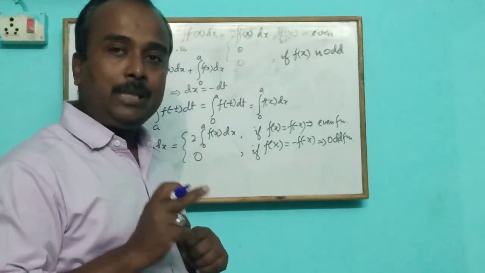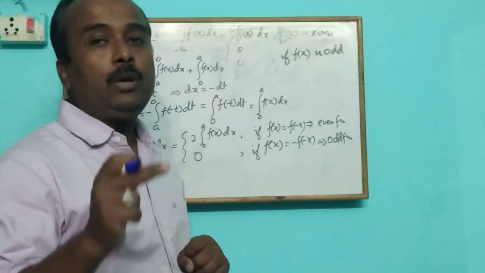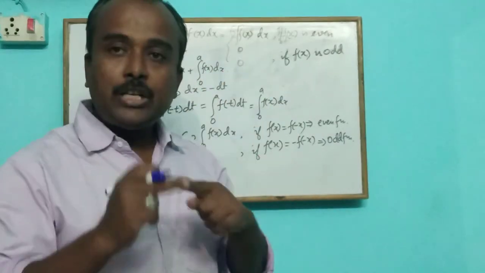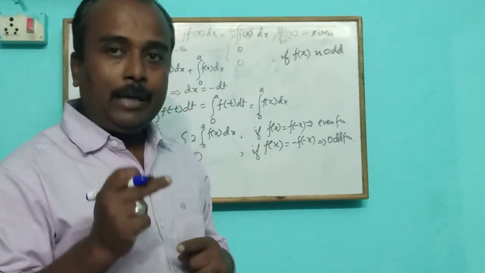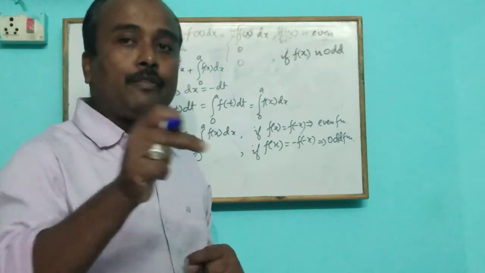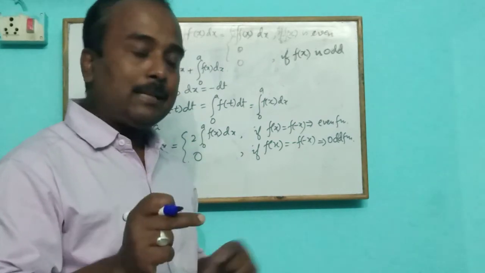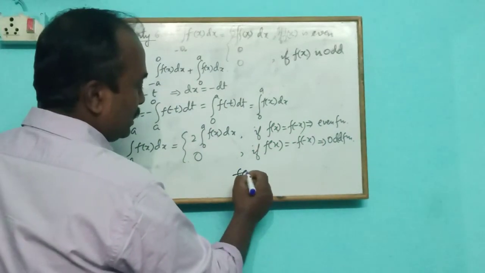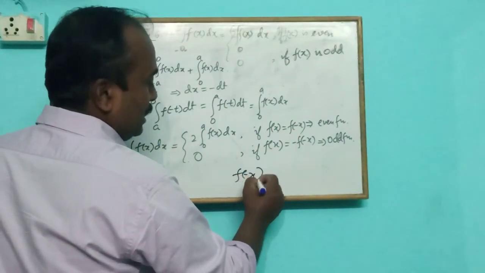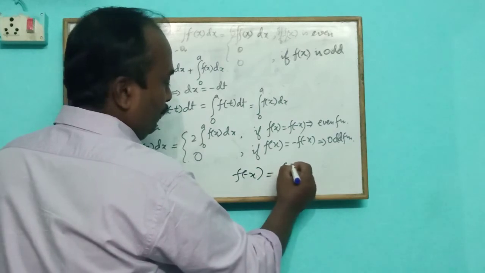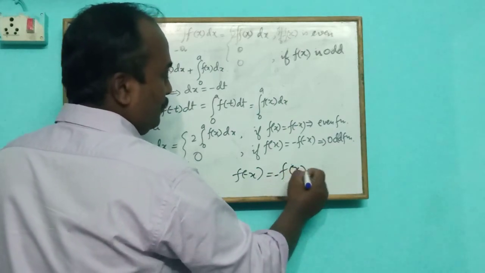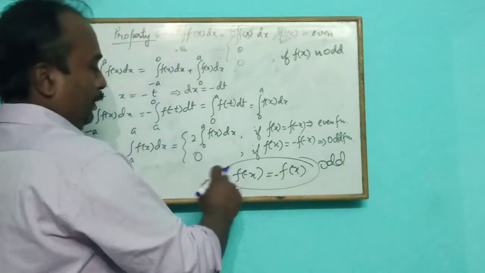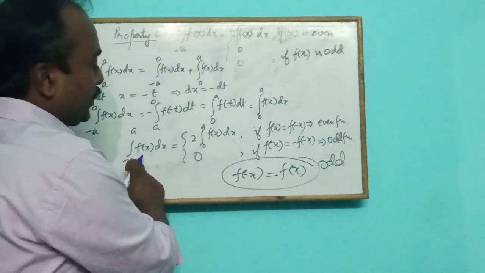If the function is even means f(x) equal to f of minus x, and equal to 0 if the function is odd. When is odd? When f(x) equal to minus of f of minus x, or f of minus x is equal to minus f(x). This is odd function. If it is odd function, the value of this integration is 0.